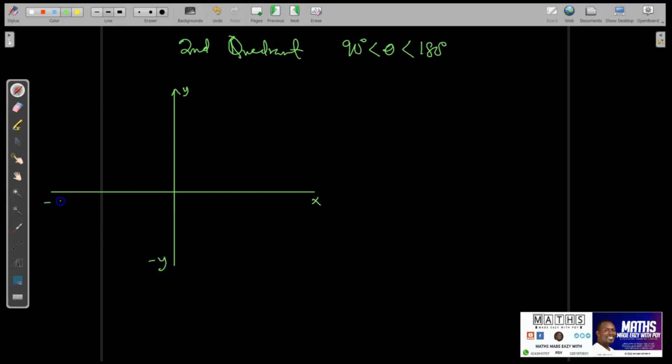Then my terminal line must be shown in the second quadrant. But remember, the general angle that I need to measure must come all the way from the positive x until it meets the terminal line. I hope I'm right.